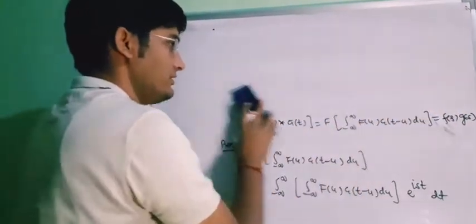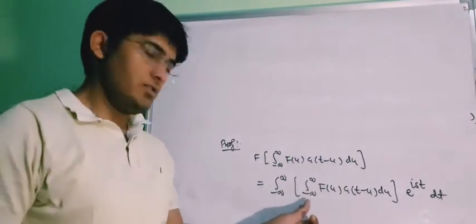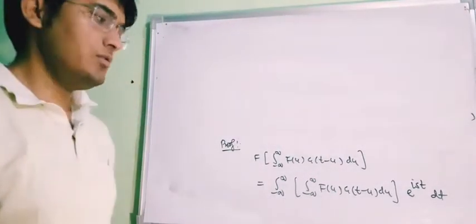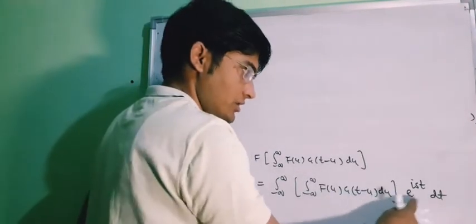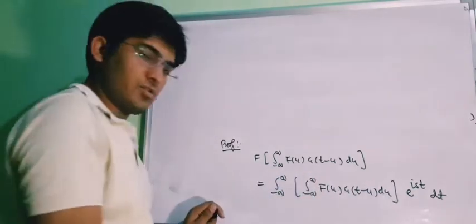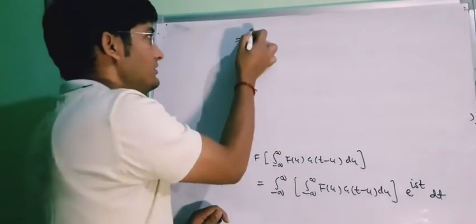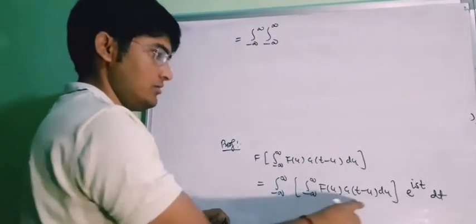As you can see that the limits are constant, so we can use the change of order of integration. Now let us change their order. As the limits are constant, there will be no change in the limits, so we can easily change their order.